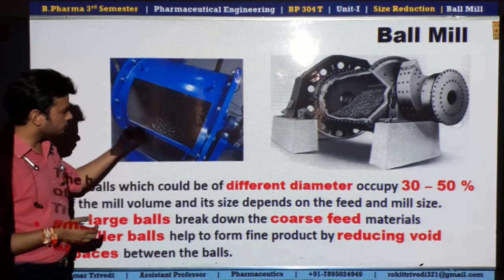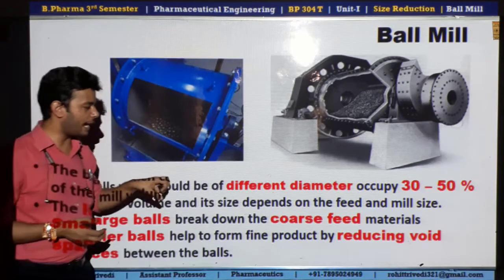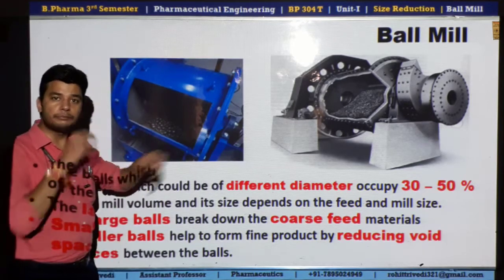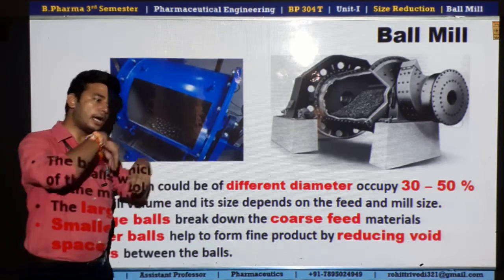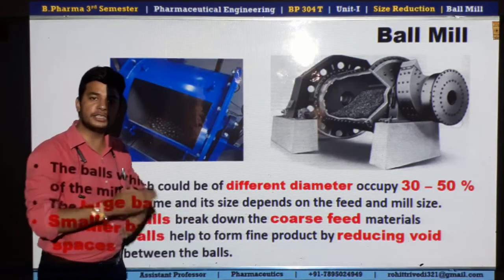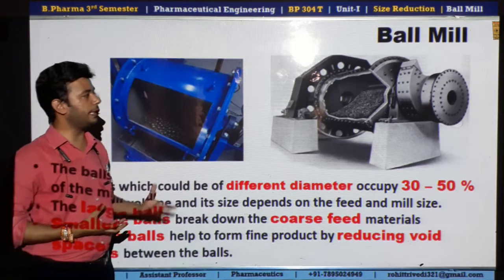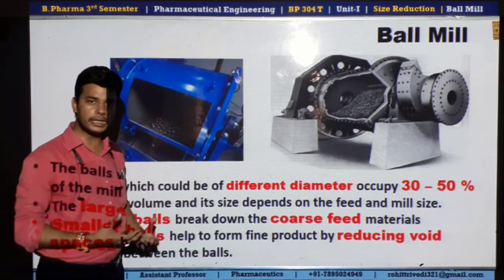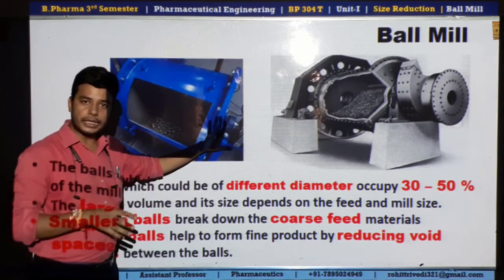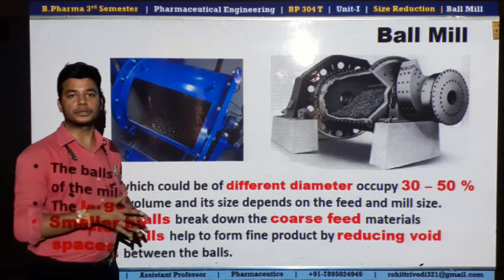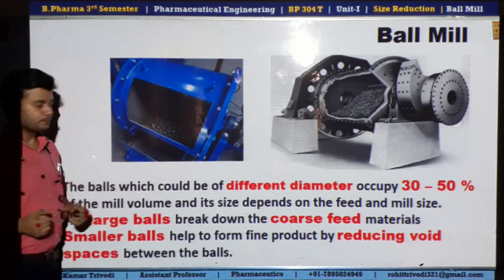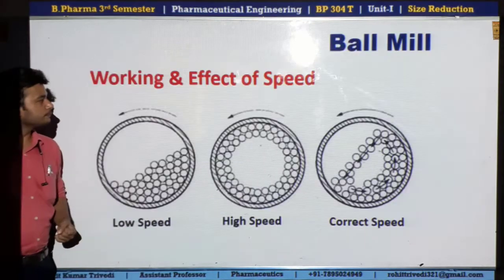The smaller balls occupy the void space between the smaller particles and again convert those particles into very fine material. Due to this, we ultimately obtain a very fine material by processing a material using a ball mill for size reduction. Now let's move further.